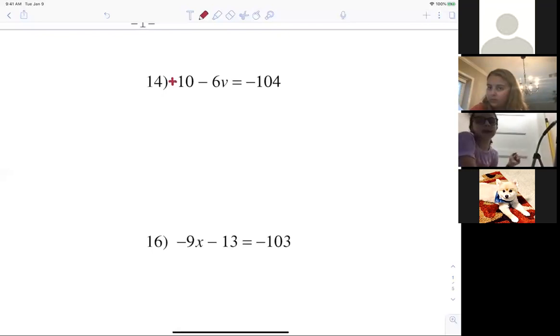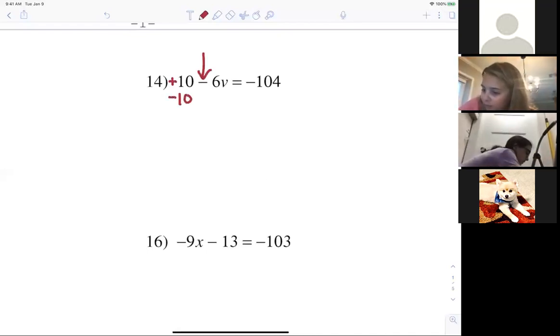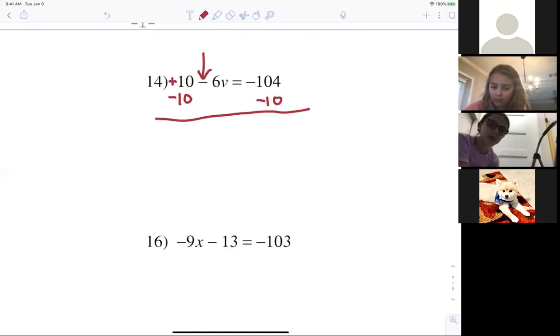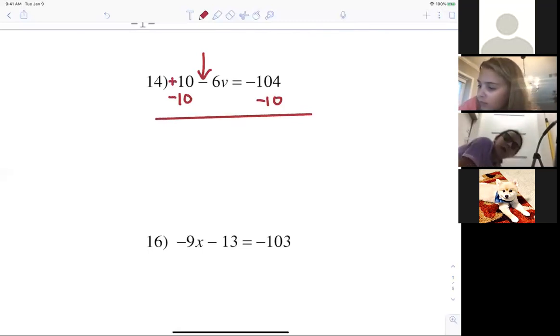It's a positive 10. So to undo a positive 10, we minus 10. It never has anything to do with this, okay? If you minus it, then wouldn't you get 94? Oh, no, never mind. You got it now. 114. And then you divide by 6 and get 19.